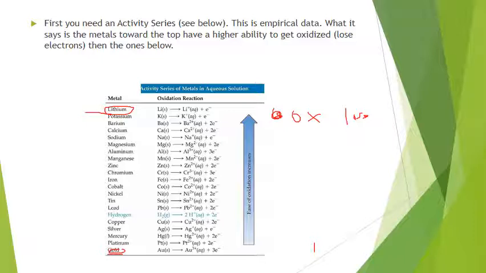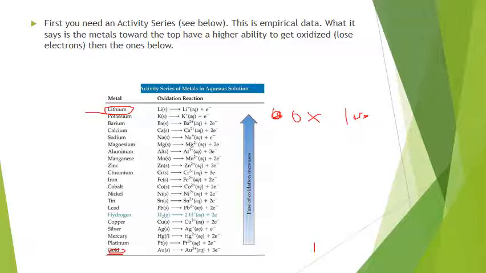It can last a really long time. When they find it on ancient substances, like mummies, it hasn't oxidized. Almost nothing can oxidize gold. It can be, but it takes a lot of power.